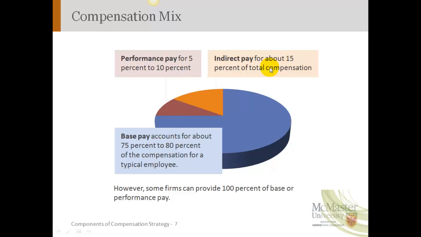It depends. A lot of companies have a different compensation mix for different types of jobs, depending on the level of membership behavior and task behavior that they want to cultivate in their employees.